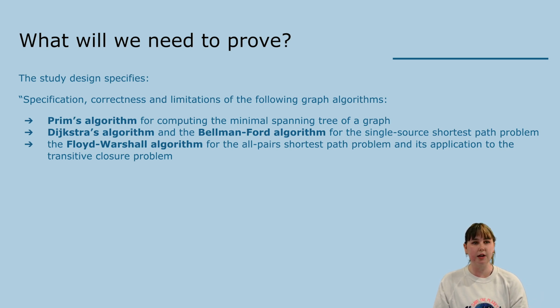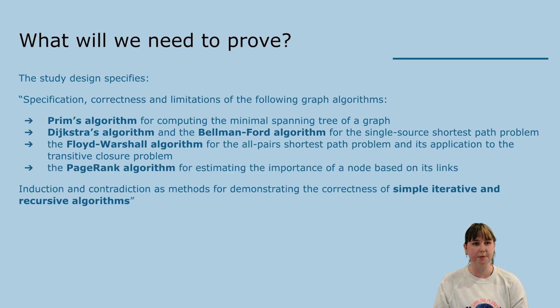We also need to know the inductive and contradiction methods for demonstrating the correctness of both simple, iterative, and recursive algorithms. So as much fun as it would be memorizing how we can prove all of these algorithms just off the top of our heads so that we can get that written out on the exam, we also need to prove simple algorithms that they'll give us off the bat. Therefore, we need to understand how the proofs work and not just rote learn them.